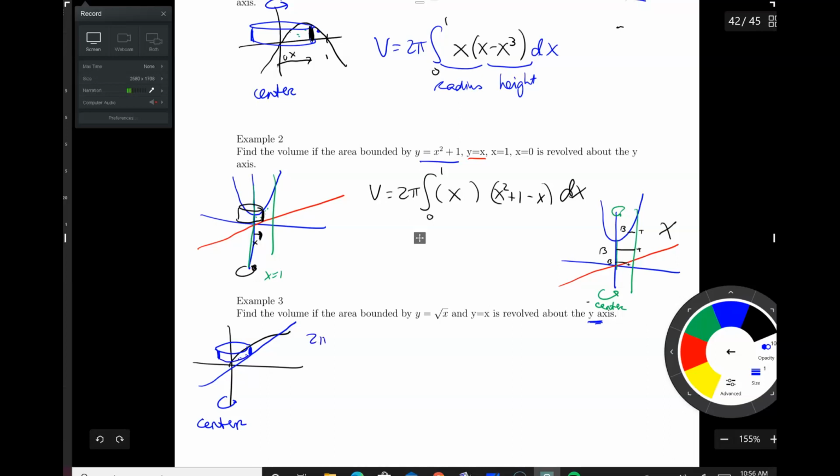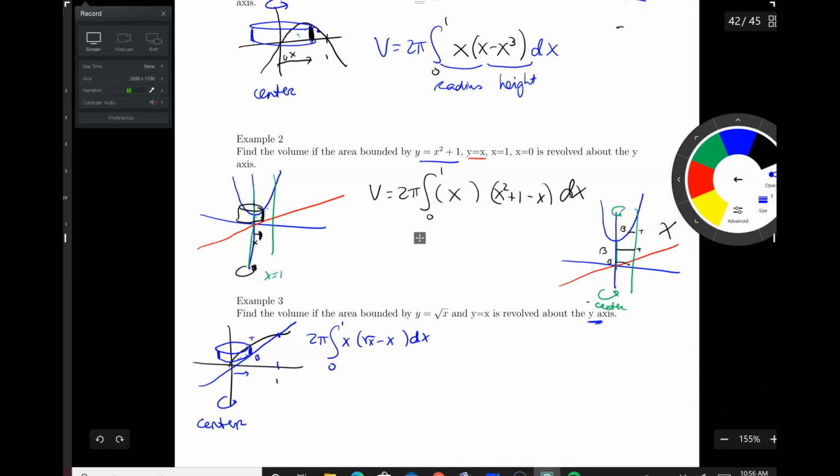So dx integration again, 2 pi, radius will be x, height will be root x minus x, top function minus bottom function, dx integration. And I think we can use our common sense and we know that between 0 and 1 is where they intersect.